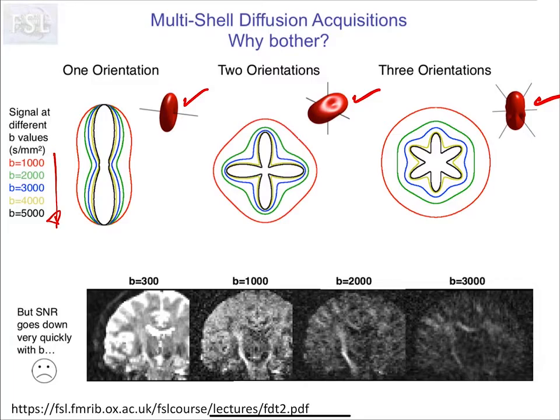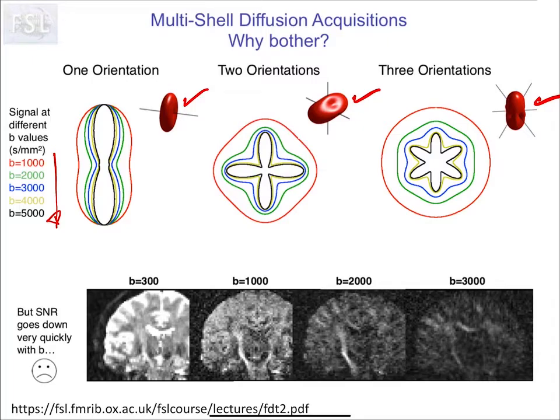Similar to the slide we showed before, as I increase the B value for these crossing fibers, you see that the shapes, the patterns, are much better defined at higher B values. The basic idea is the higher the B value I make, the faster things in the diffusion direction fall off. So there's much more distinction.